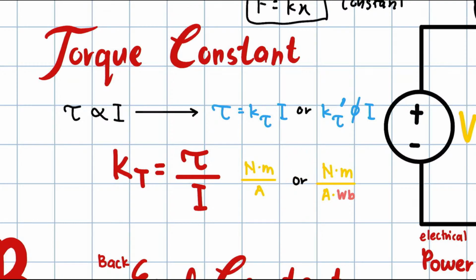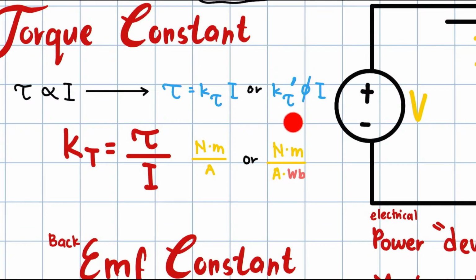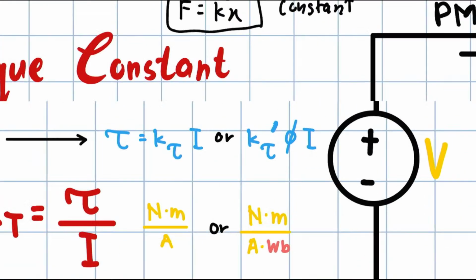Or there is another way to denote the torque constant, which is to use phi, or Weber. This is the unit for flux. So kt prime is usually a torque constant per flux.